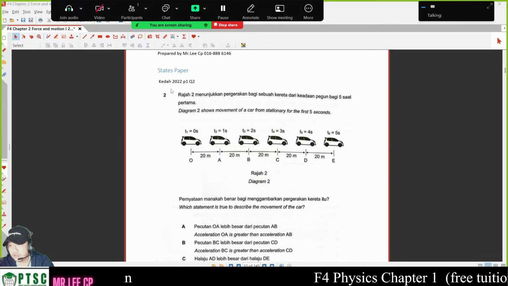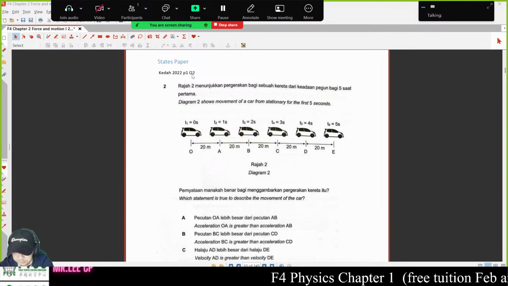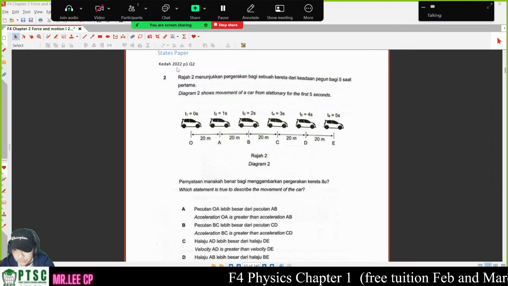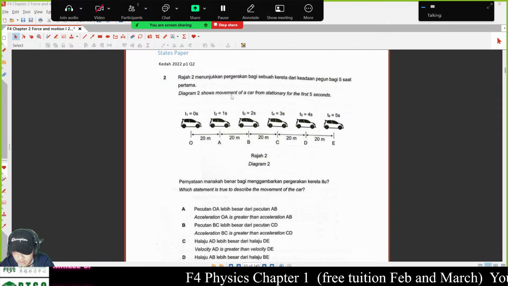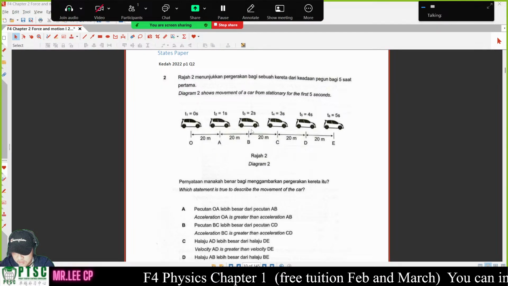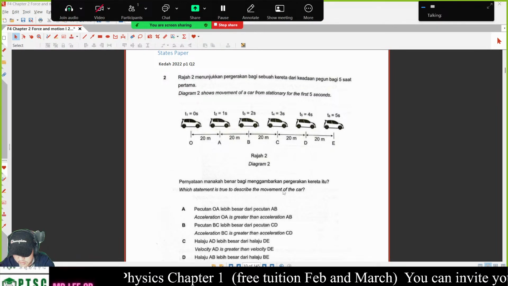So today we are going to continue to do here. Now, Kedah 2022. Diagram 2 shows the movement of the car from stationary. Here it is stationary for 5 seconds. Which one is correct to describe the movement of the car?